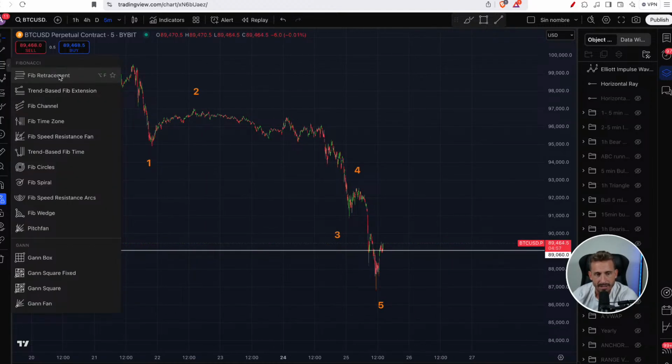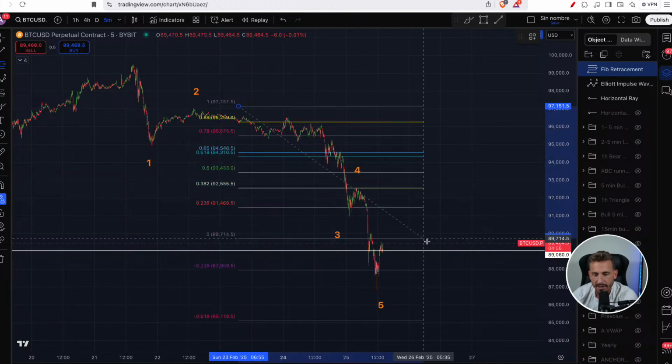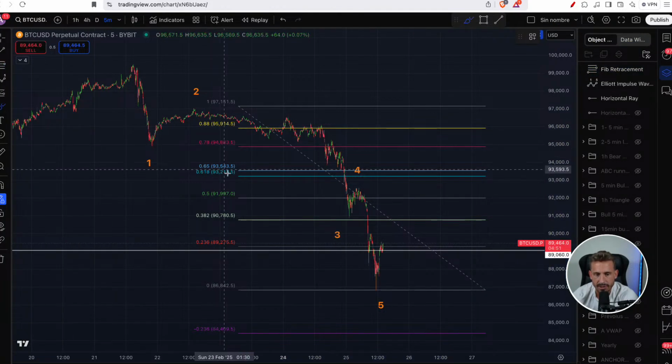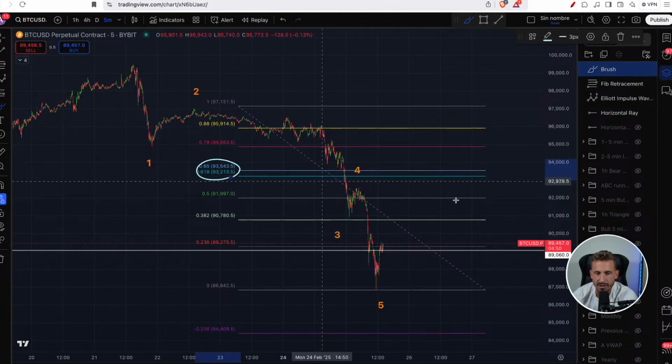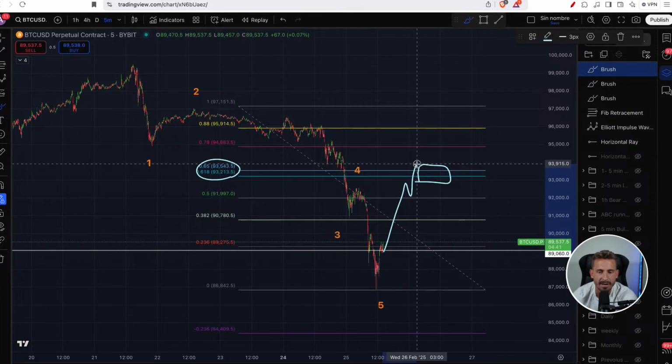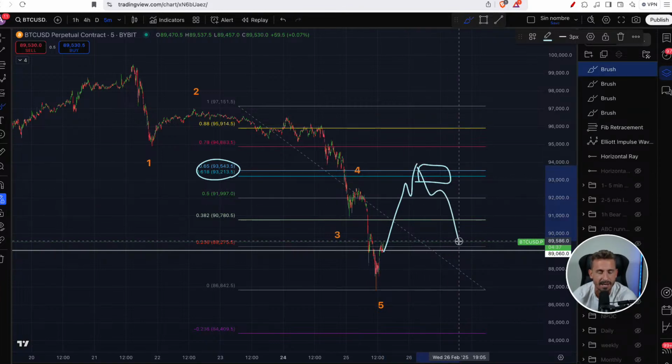If we do manage to get above the golden pocket, like I said, this would be a very bullish sign. If we do get to $93,000, potentially tonight, early morning tomorrow, that is going to be a very, very bullish sign for the next coming days, despite any corrective move.